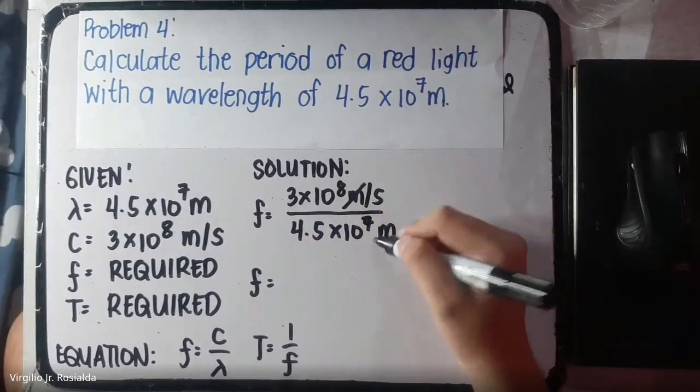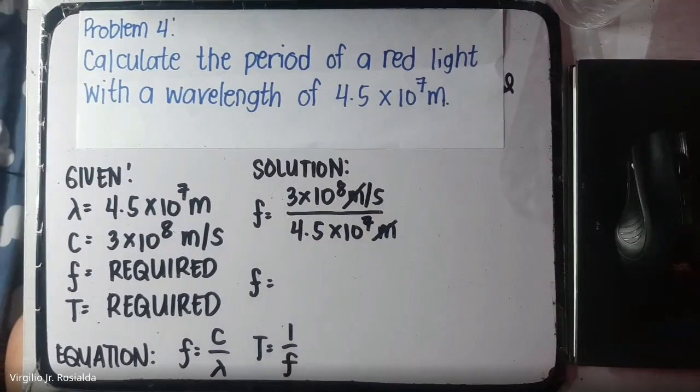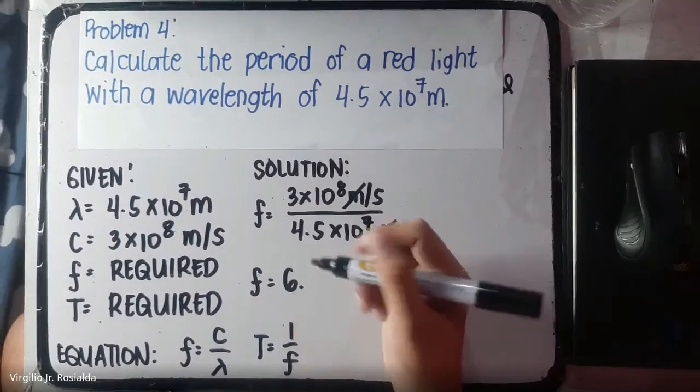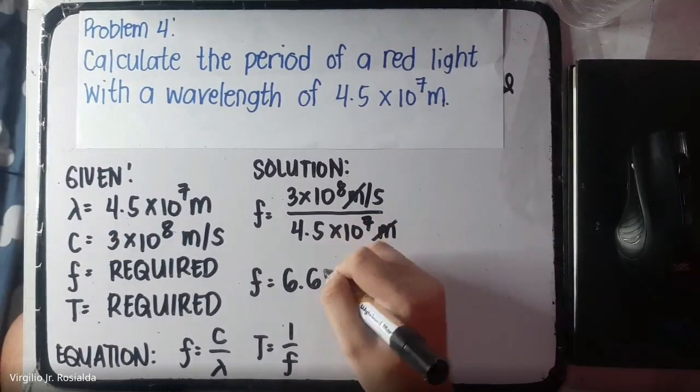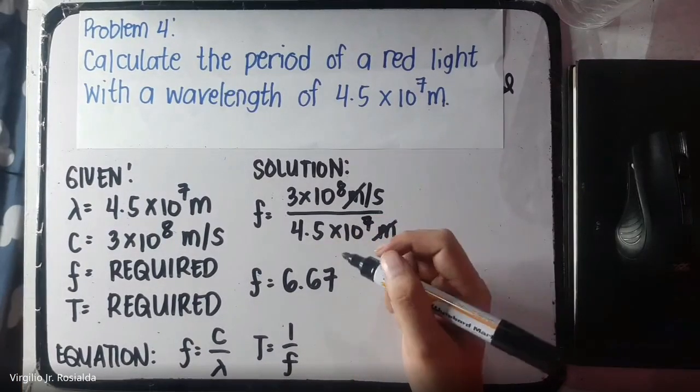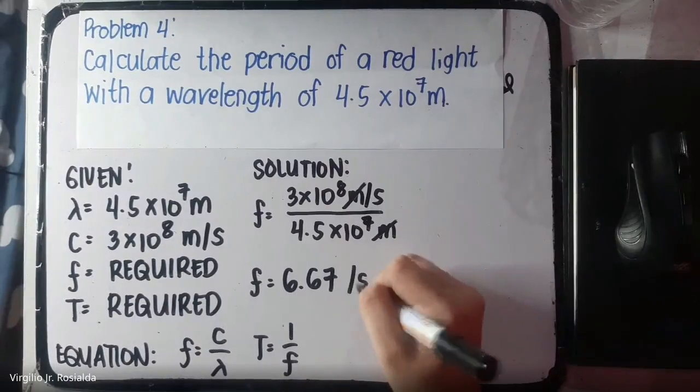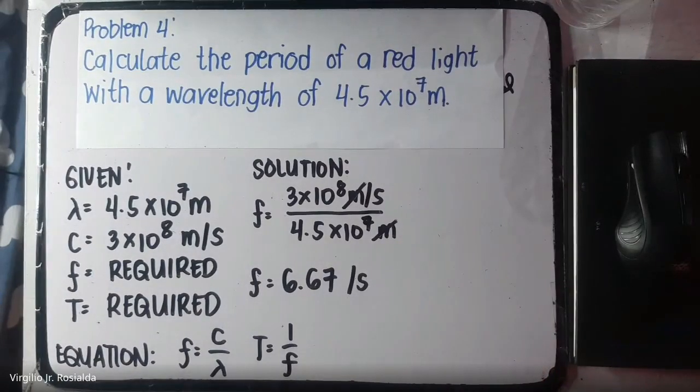Cancel, cancel. Okay. So 3 times 10 raised to 8 divided by 4.5 times 10 raised to 7. Okay. So the frequency is 6.67. Okay. Two decimal places na lang natin rounded off. Per second kasi per second yung natira sa taas.